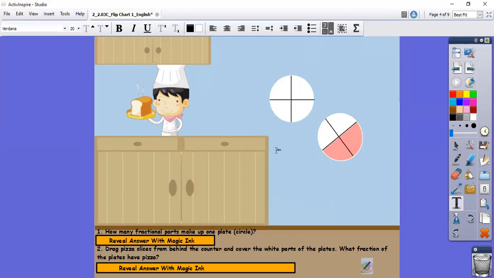The first thing that I notice when I look at just one circle, there's 1, 2, 3, 4 pieces. This is the key that tells me how many fractional pieces I am going to have. And this one is cut into fourths.